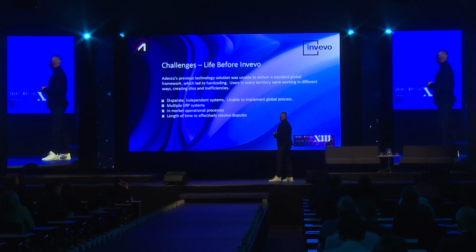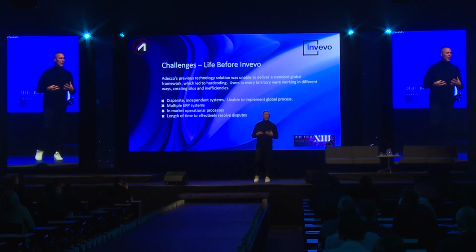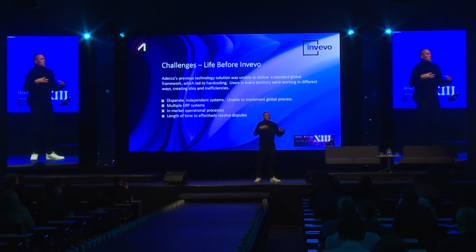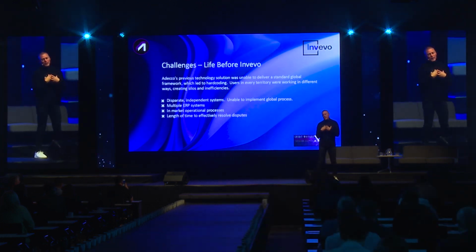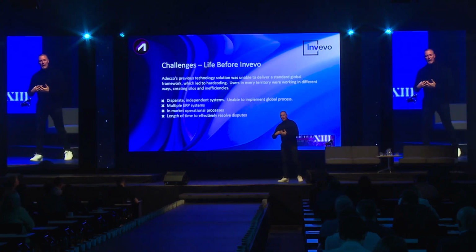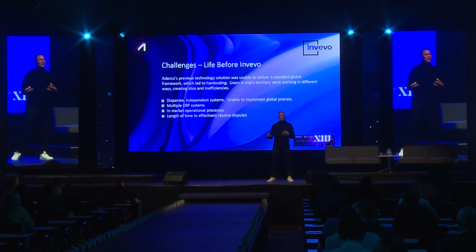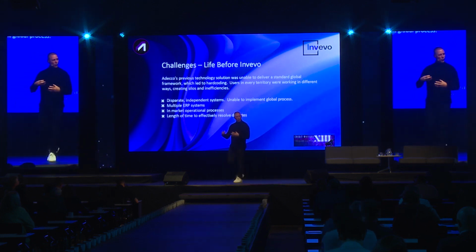And then users in every territory working in different ways. We talked about silos, I won't go on about it, but even if you're a smaller business, I look at Invevo, and I think about the different teams that we've got, and I look at those teams and think, there's still potential silos there, because we all work remotely now, don't we?